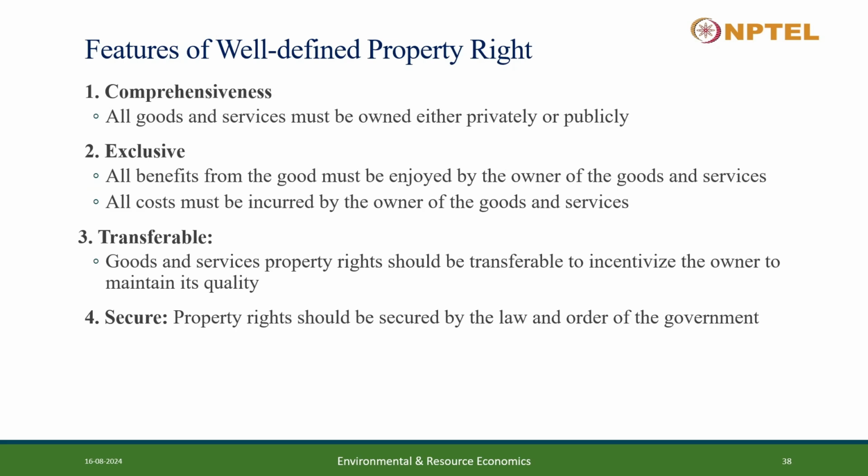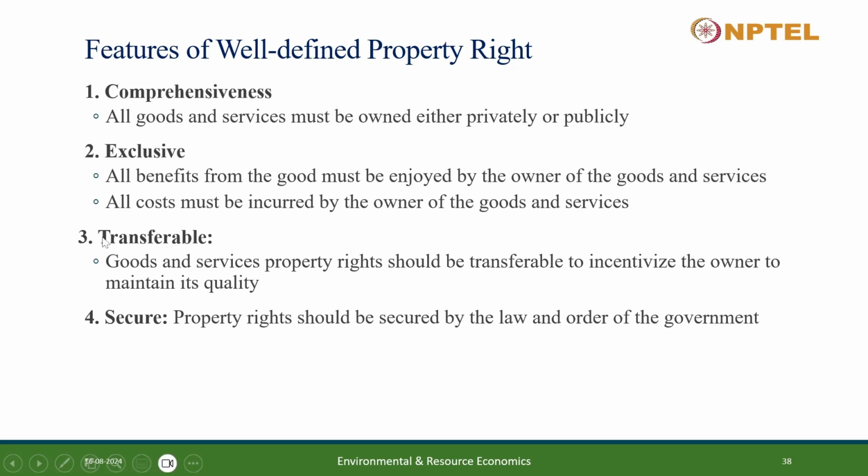So the features of well-defined property right are, first, that all goods and services must be owned by a private entity or public entity. Then all the benefits from the good must be enjoyed by the owner of the good. However, the owner also has to incur the cost of goods and services.